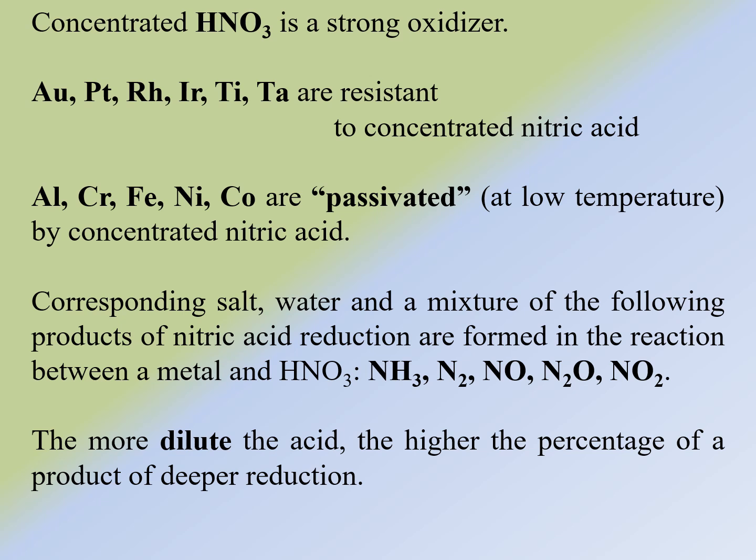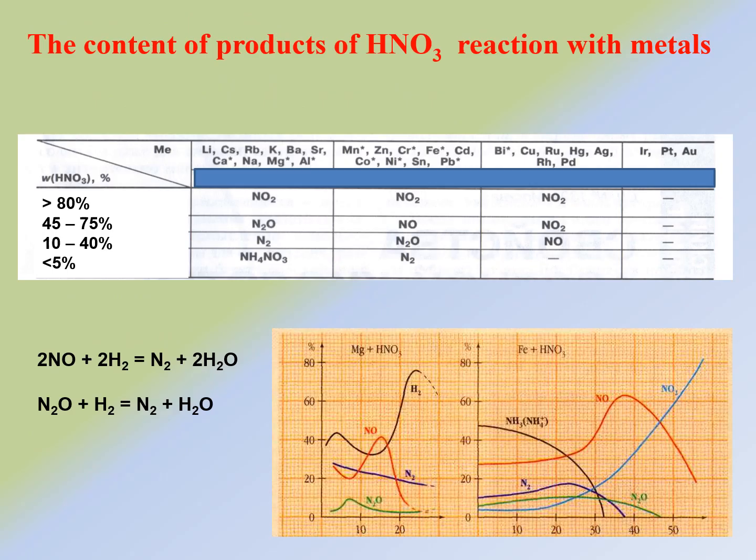And there are a lot of possible products of reduction of nitrogen. Here you can see a table that shows how the mass percentage of HNO3 and the nature of the metal determine the main product of nitrogen reduction.